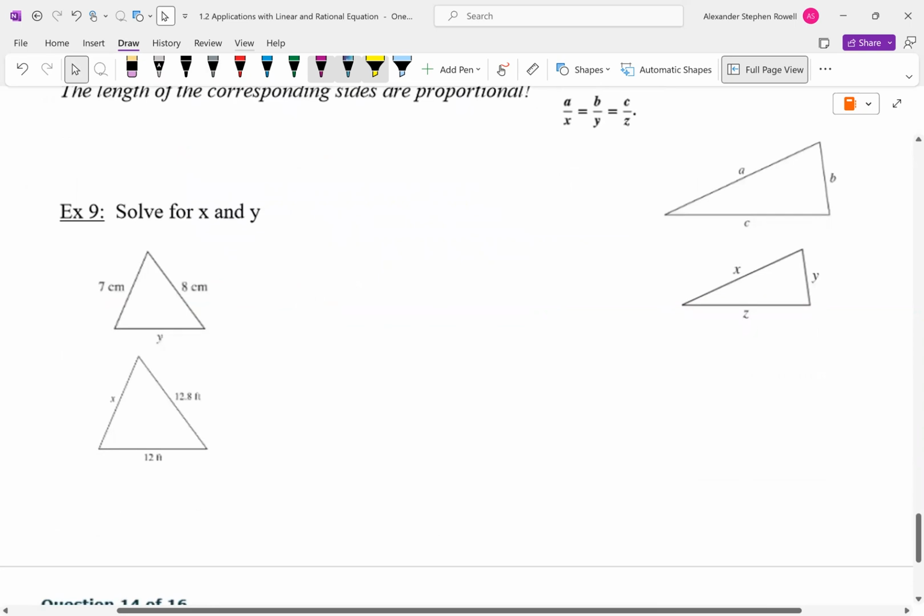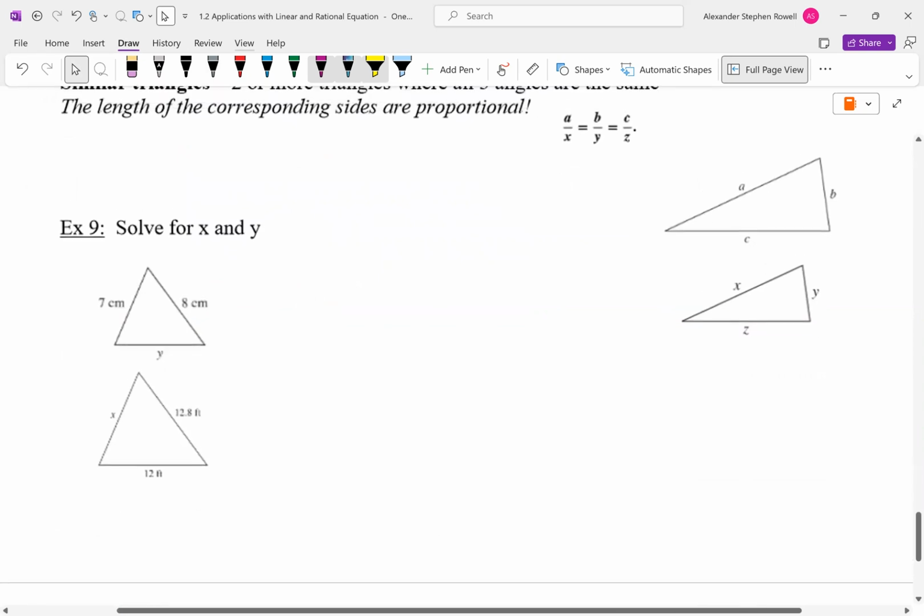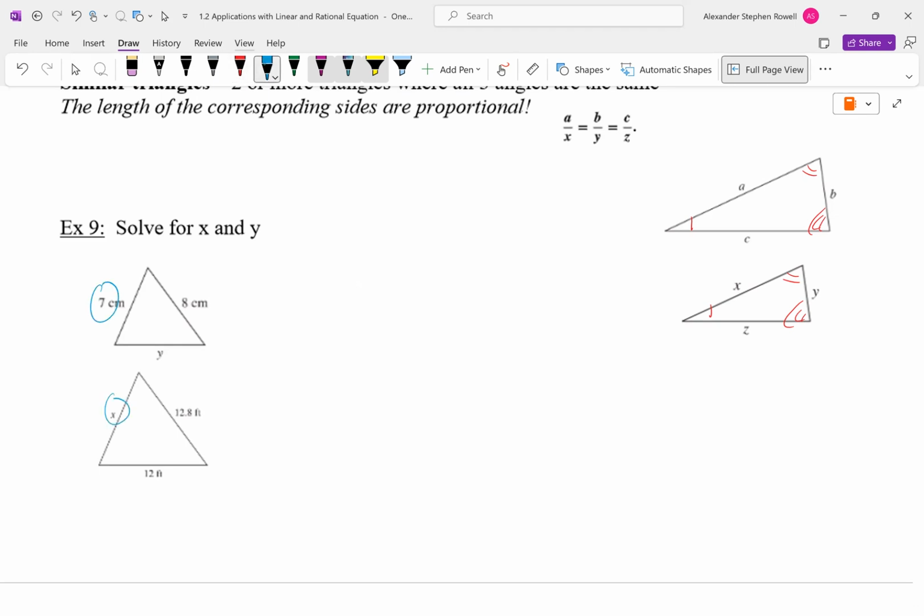Okay, we have a similar triangle problem on the homework. It turns out if all these angles are exactly the same, it's what's called a similar triangle, which means all the sides are proportional. So we could set up an equation where if I want to solve for X, I can divide two sides.